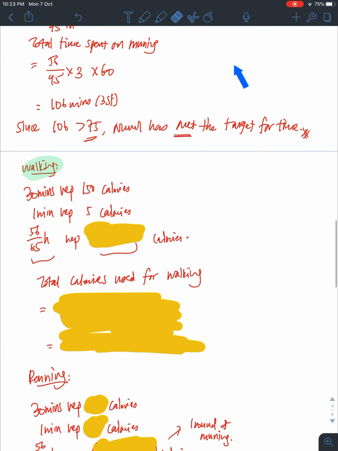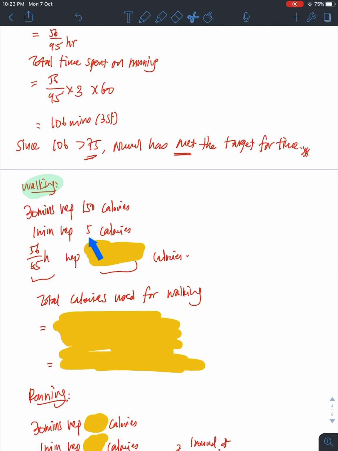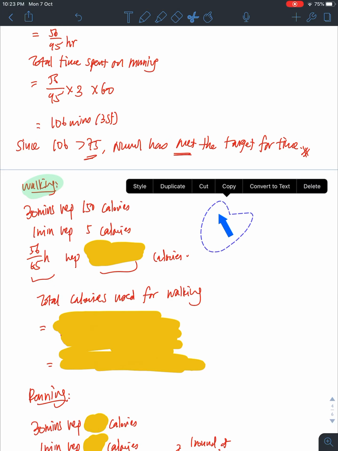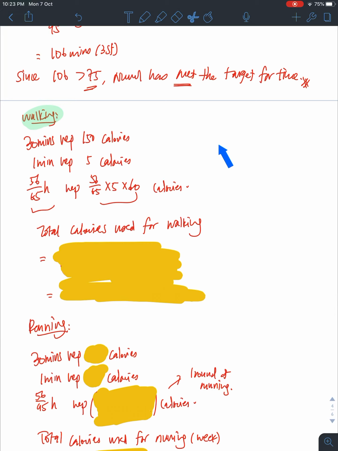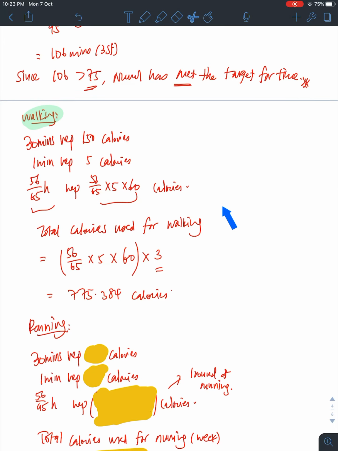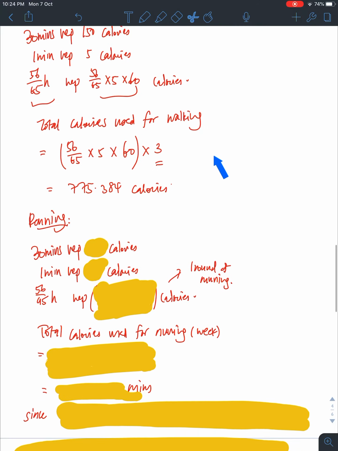And if she takes this amount of time to walk, the amount of calories she would have spent to walk one round is this amount. The total calories she used for walking is this amount multiplied by 3 because she walks 3 times a week. So multiply by 3 and we get 775.384 calories used for walking.